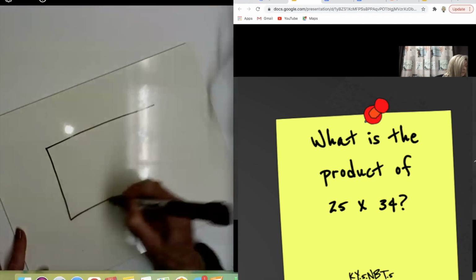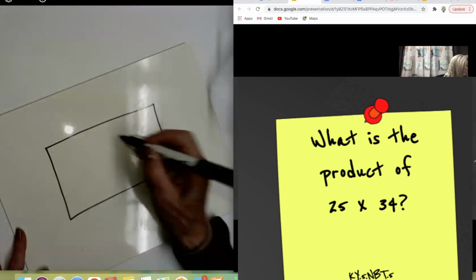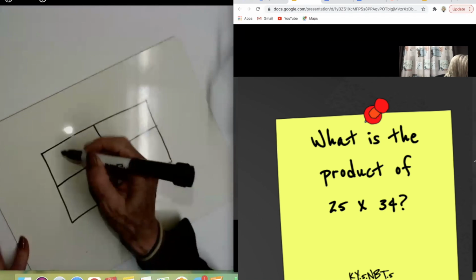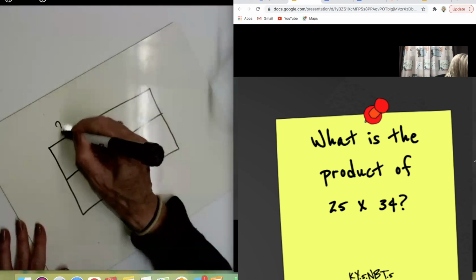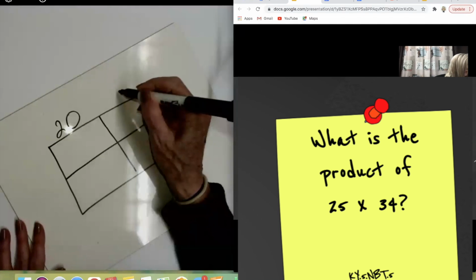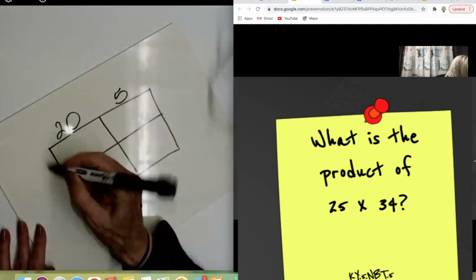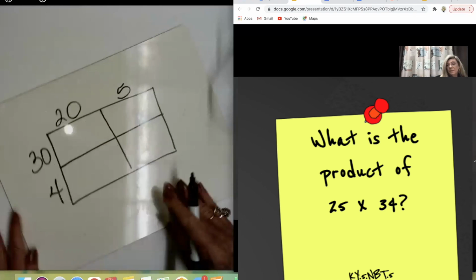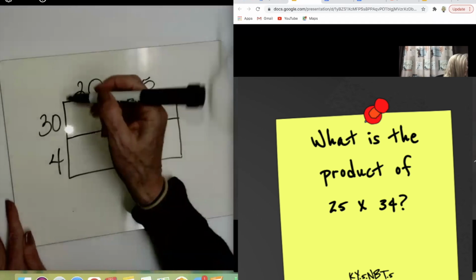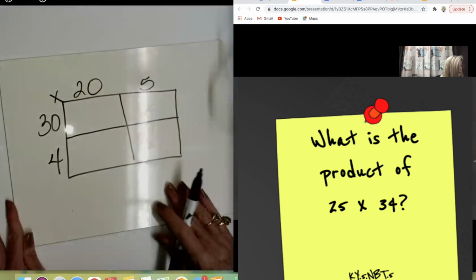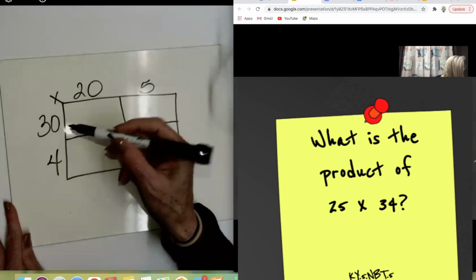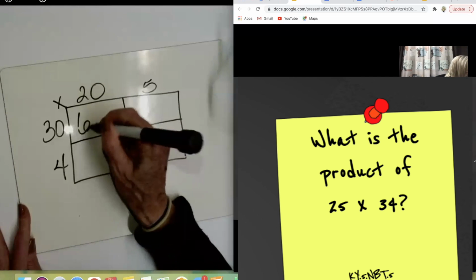What I mean by area model is just a rectangle. And we're going to think about 25 is 20 and 5, and 34 is 30 and 4. And what we're going to do here is multiply. We're going to think about 20 times 30, and that would be 600.